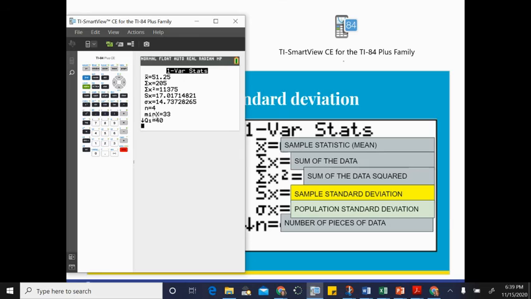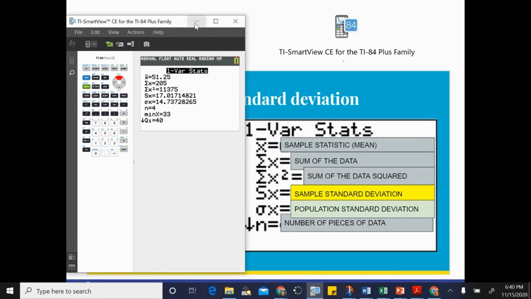This is your lowest value. You could arrow down and it will tell you your median, it'll tell you your highest value, all that kind of good stuff. So this is a quick way to find the sample mean and the sample standard deviation, or if it was a population, the population standard deviation.